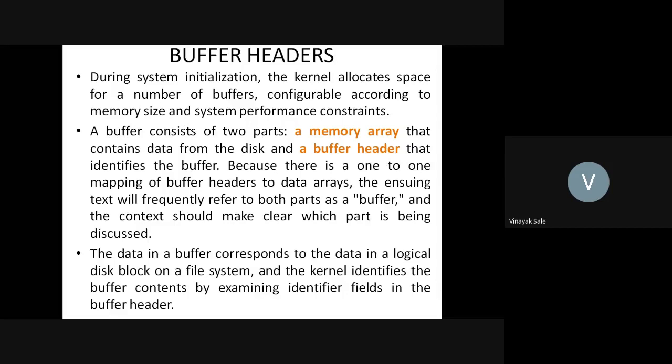A buffer consists of two parts: a memory array and a buffer header. The memory array contains the data from the disk, and the buffer header identifies the buffer, that is the buffer number, because there is a one-to-one mapping of buffer headers to data arrays.